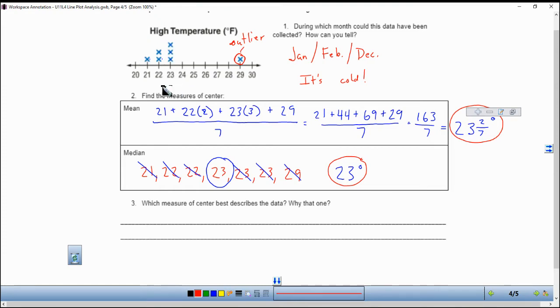All the other data points are grouped at the other end of the number line, and then we have 29 that's sort of out by itself. So we're going to use the median because there is an outlier.